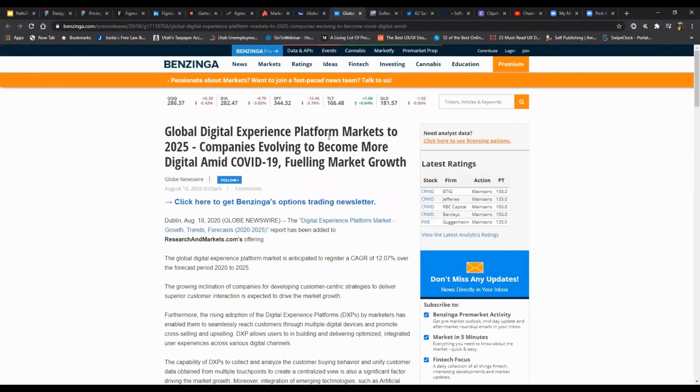So global digital experience platform markets to 2025. Companies are becoming more digital amid COVID, and these are behavior changes that, I mean, we've been in COVID since March of 2020. So I think psychologists say that 3 months of doing something like a new routine creates new habits.